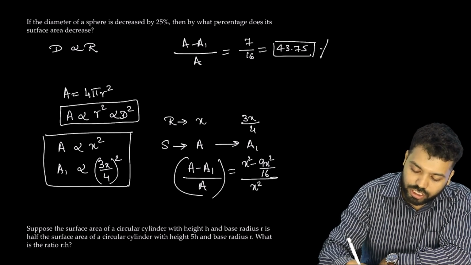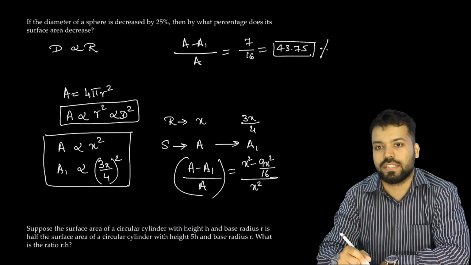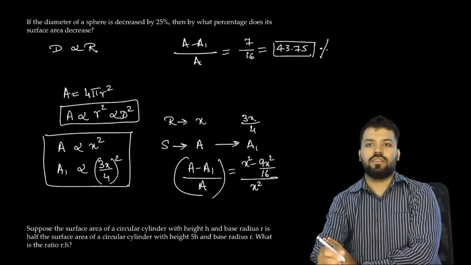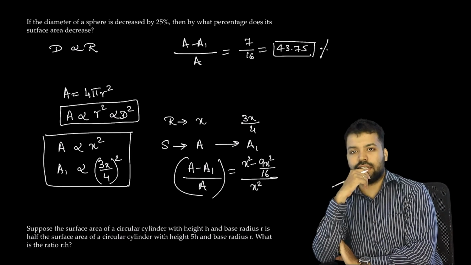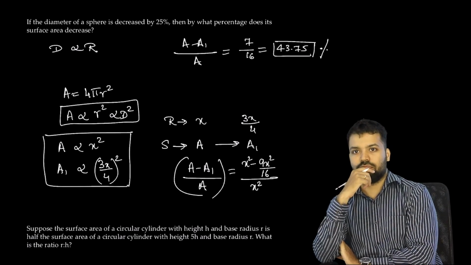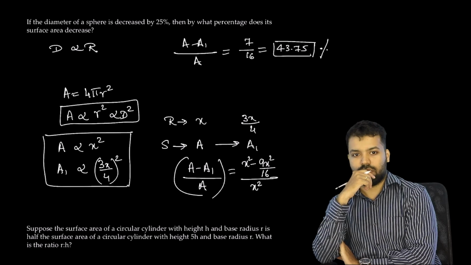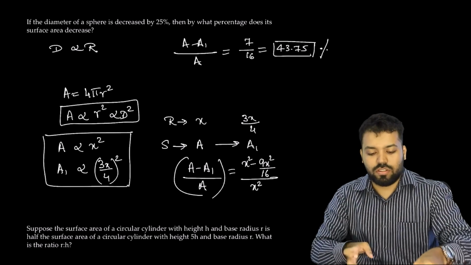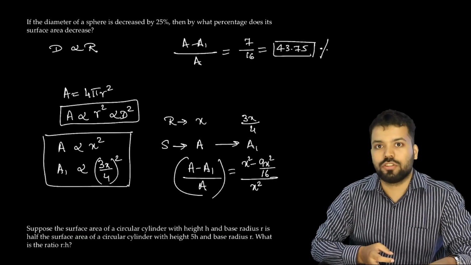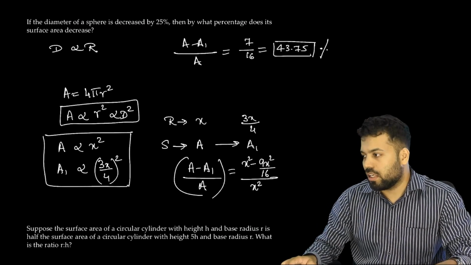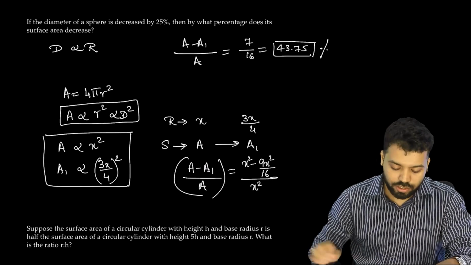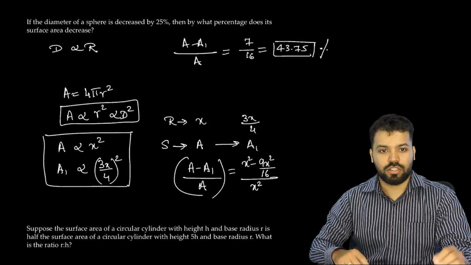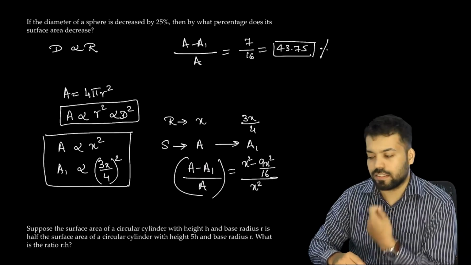You get 43.75 as the percentage. By this much percentage, it has decreased. So just go through the solution again if you're not clear. And if you're clear, you can go to the next question, which is on the bottom of your screen.